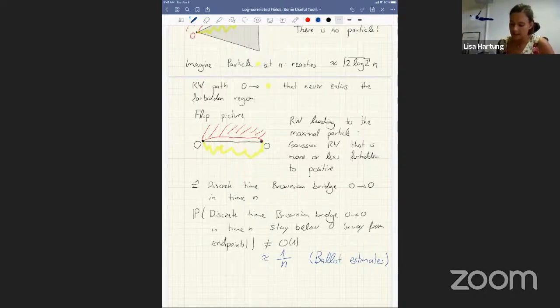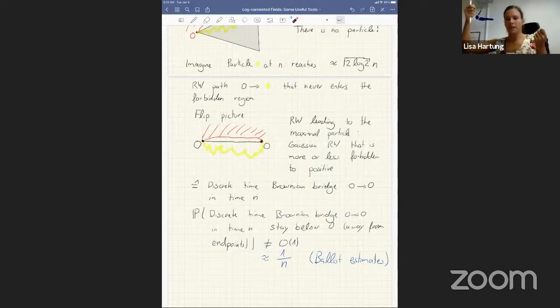And so what do we see? Well, in fact, this path of the maximal particle is not a typical path that we would see if we would just look at, let's say, 2 to the n independent Gaussian random walks, because if we would look at the maximum object there and we wouldn't put a constraint, it would just look like a typical discrete time Brownian bridge.